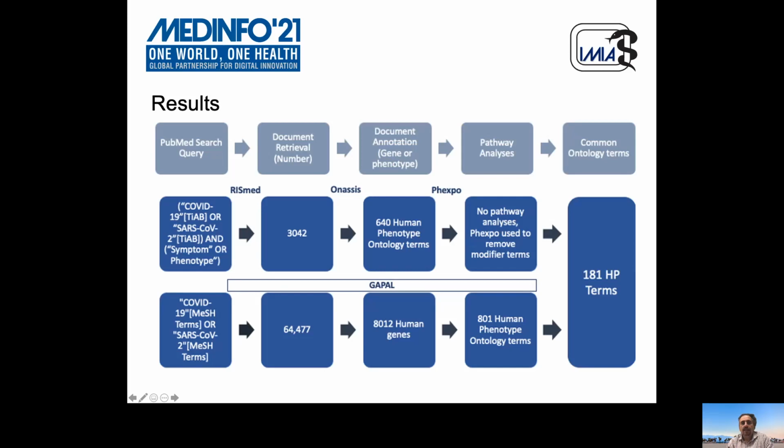And then, following an enrichment analysis for different Human Phenotype Ontology terms, we were able to identify 801 different phenotypes. Once we compare this with the results from the literature analysis, we see that there is an overlap of 181 different HPO terms.